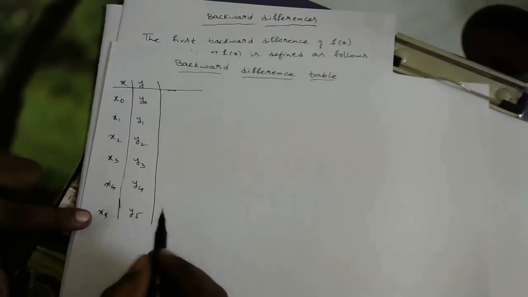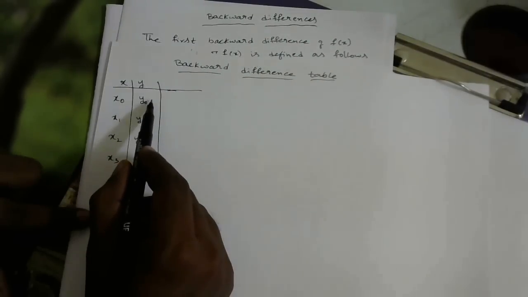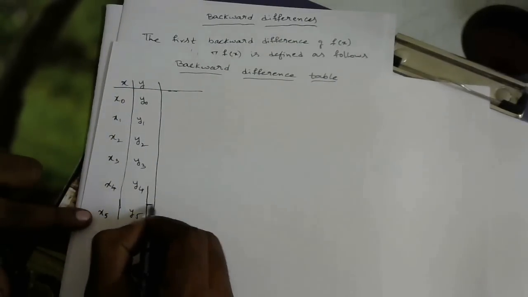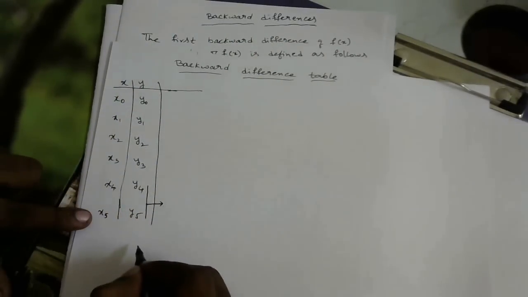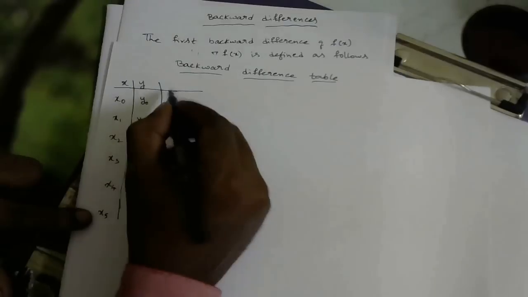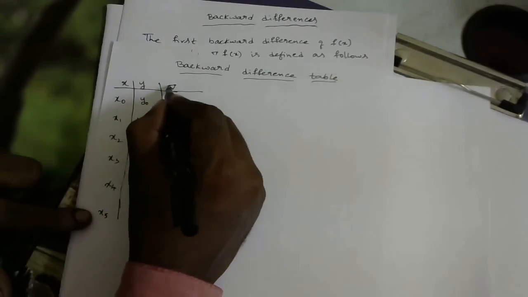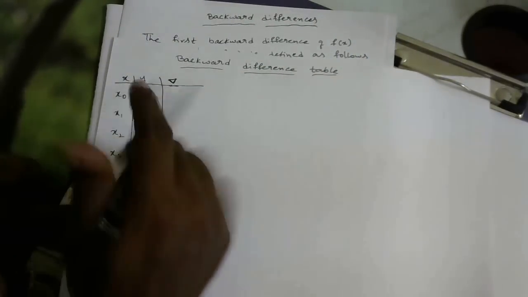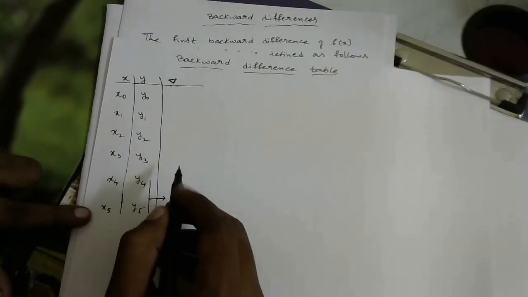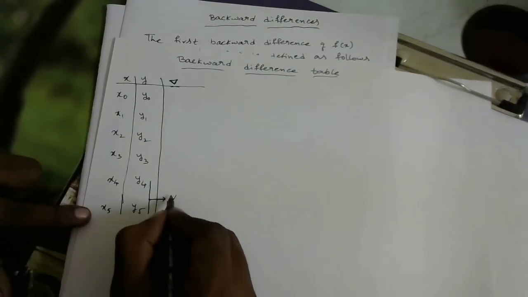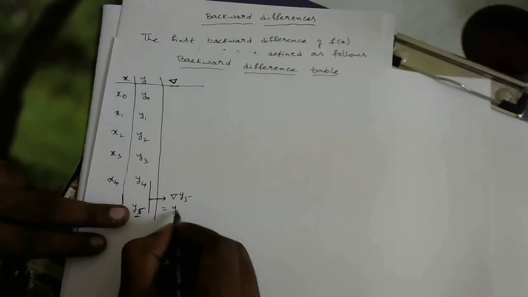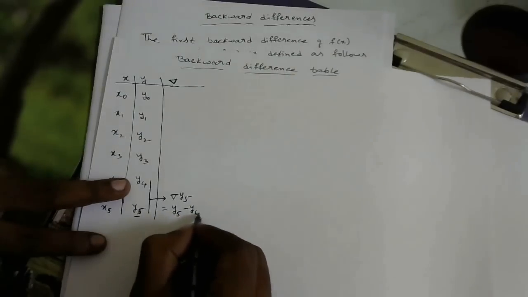In forward you started from the top, but here you have to start from the bottom. So here you have to use the del operator. To construct the backward difference table, you use del. So del y5 equals y5 minus y4.